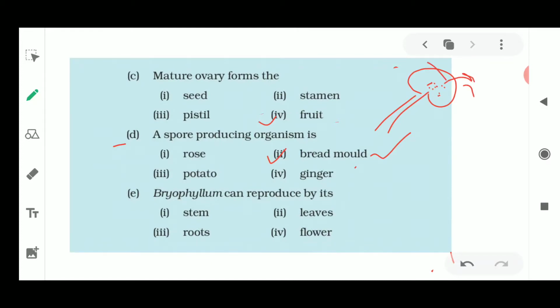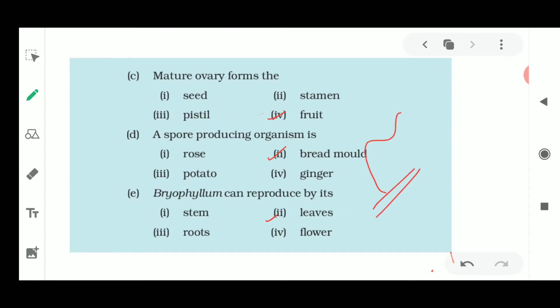Okay. Next is bryophyllum can reproduce by its. How can a bryophyllum reproduce? It could reproduce with the help of the leaves. Fine, it could be grown with the help of the leaves. So you will write down the bryophyllum is going to reproduce with the help of the leaves, as this bryophyllum is having one structure that is known as the notches present in its leaves.